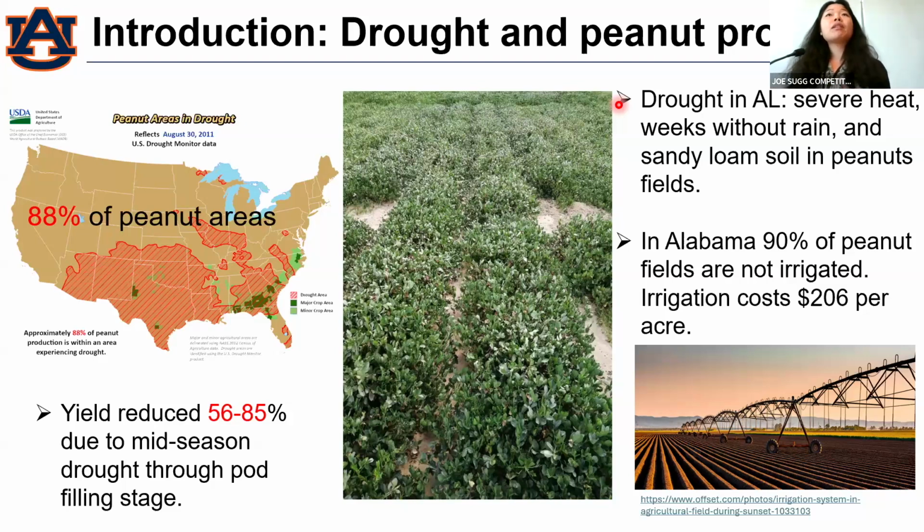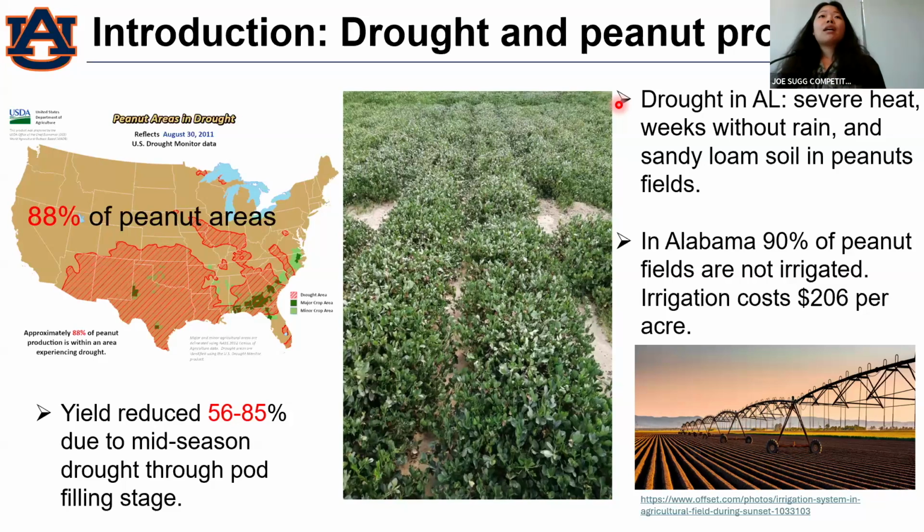And in Alabama, we have high temperatures in the summer, and also the drought is often related to rain events. Oftentimes there's no rain for a few weeks, and the sandy soil in peanut fields can make the drought worse.